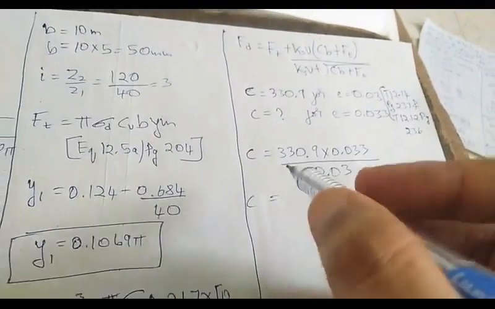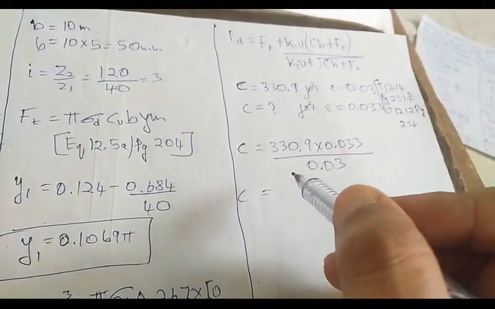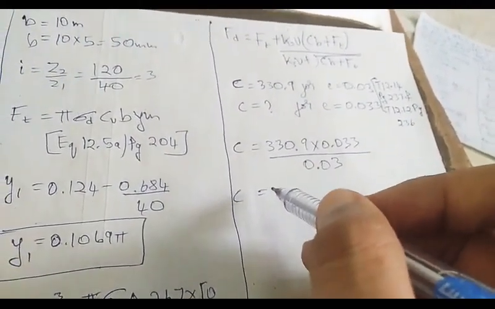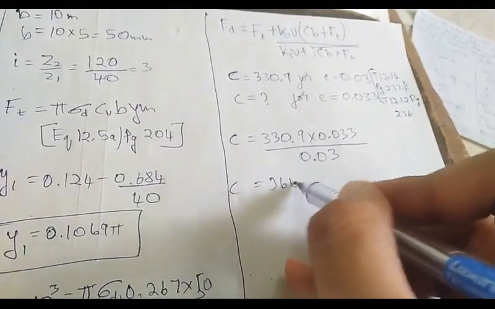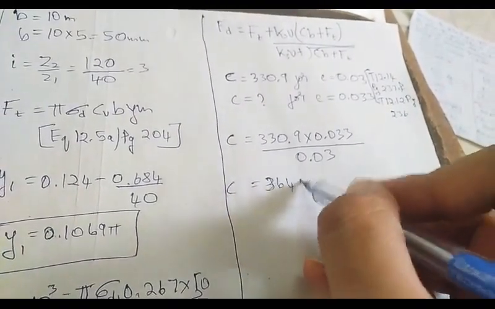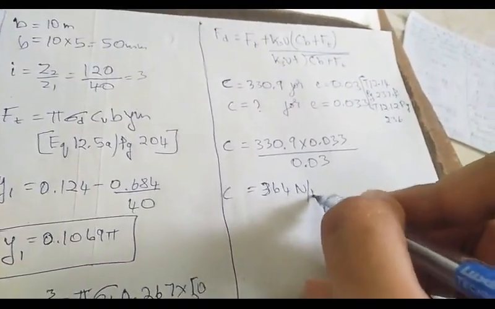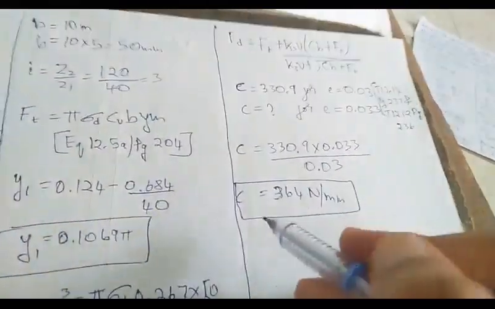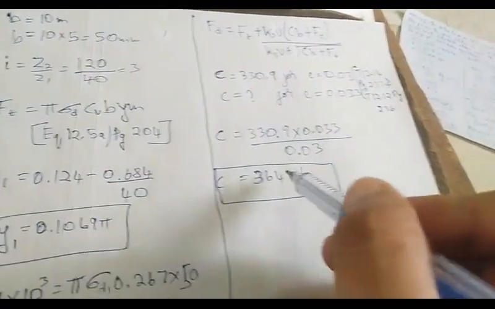The value of C we will get is 364. The value of C is 364 Newton per mm.